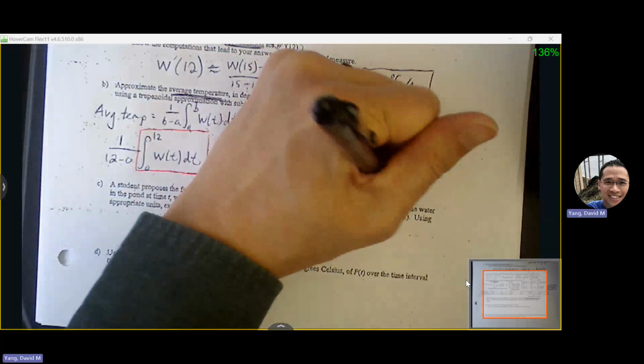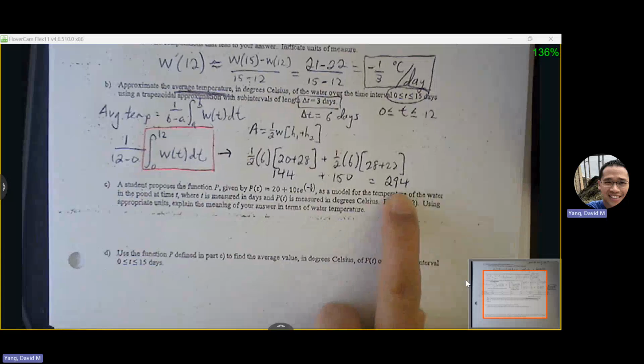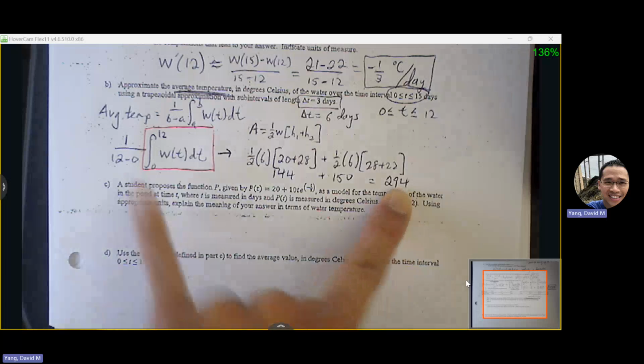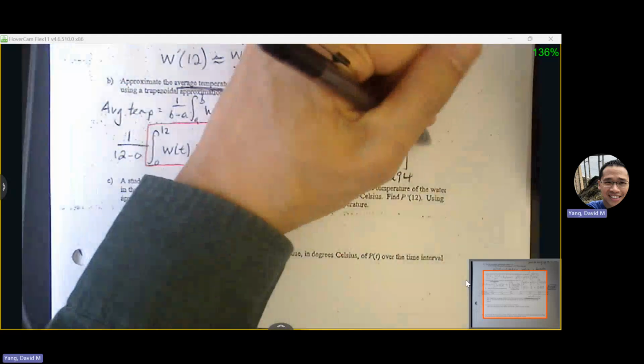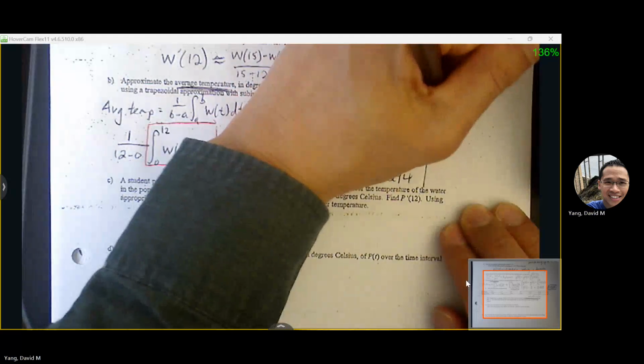So 294, we can't just leave it in this answer, right? If temperature is between 20 and 30, the average temperature shouldn't be 294. We got to make sure we divide by 12. 24.5, that feels more reasonable, right?